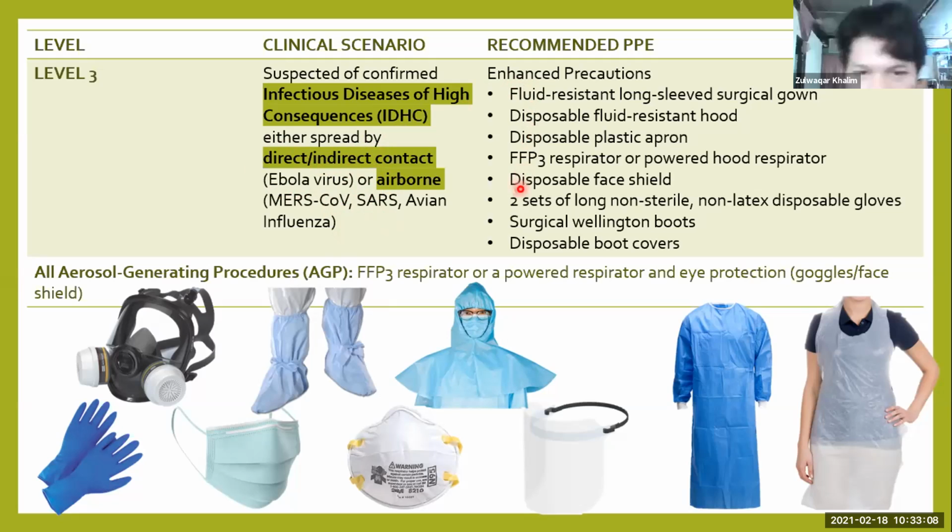So the recommended PPE that we should apply in a level 3 clinical setting: first, we should wear a fluid-resistant long sleeve surgical gown and apron, and then a fluid-resistant hood, and then an N95 mask or a powered hood respirator, and then a disposable face shield, and then 2 sets of gloves, long gloves, and then surgical Wellington boots and disposable covers.